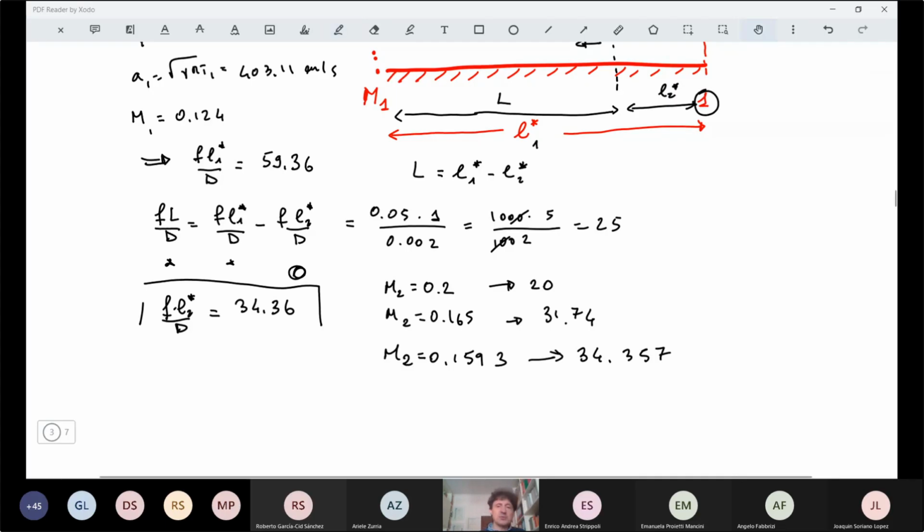So at this point, once we have obtained our exit Mach number, we can calculate the total pressure ratio, which I recall has the same expression as the ratio of areas for the isentropic case.